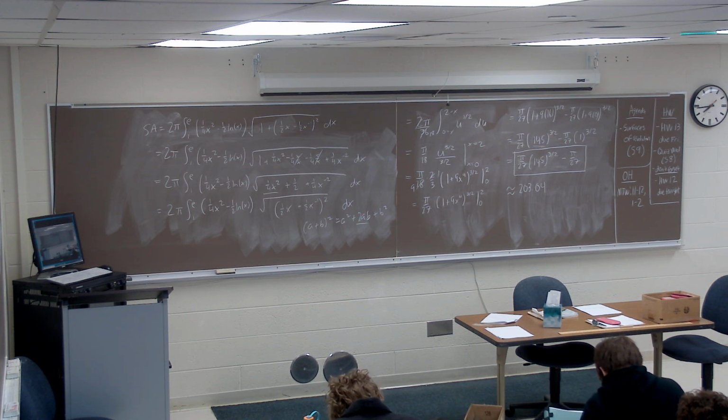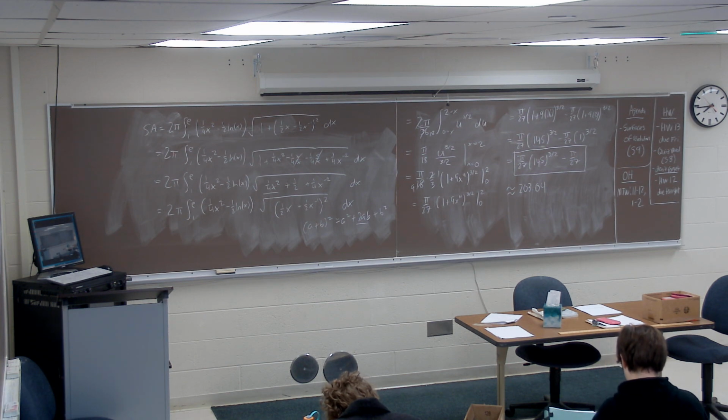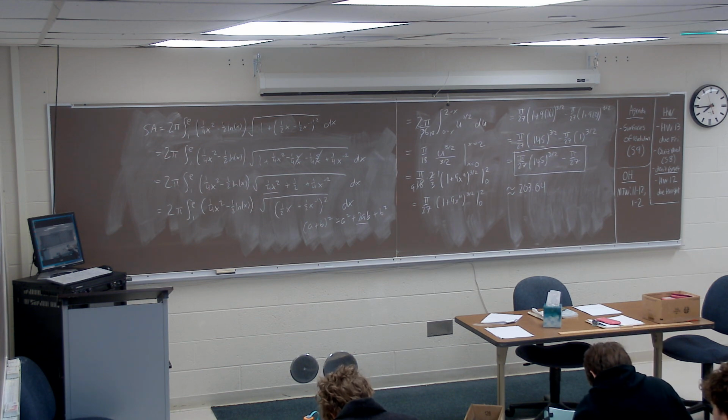I would FOIL that out and then see how you would integrate the corresponding expression. Technically you have big parentheses around here and here, and then you can do some FOIL on that to give you some stuff that we can actually integrate. Does that sound good? Cool.